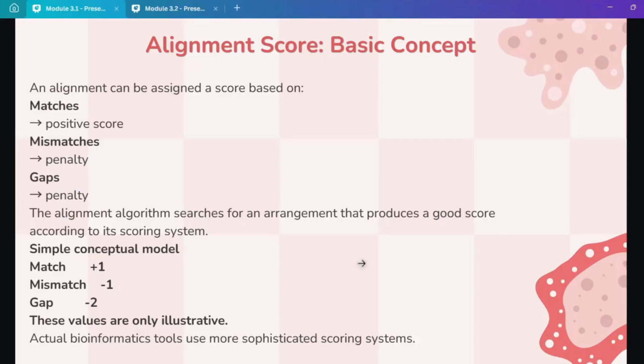Just remember, as an illustration: match +1, mismatch -1, and gap -2. Based on how many matches, mismatches, and gaps there are, we do this math in the background and find out a score.